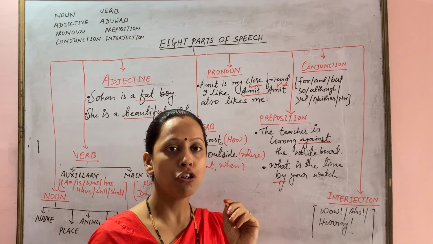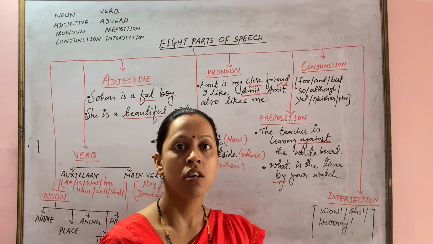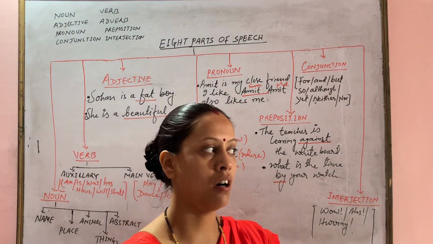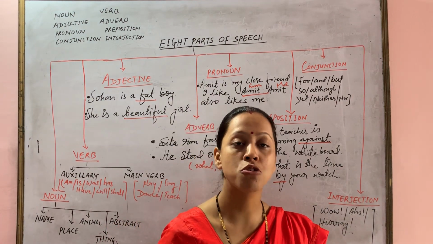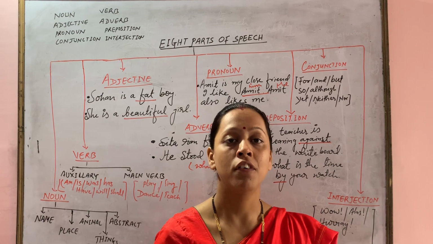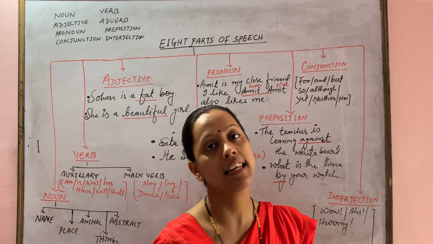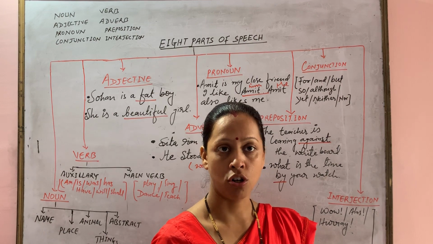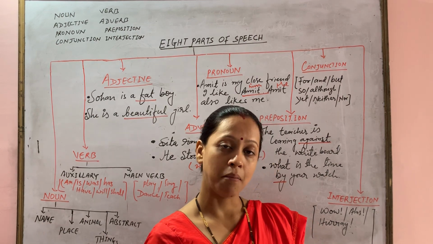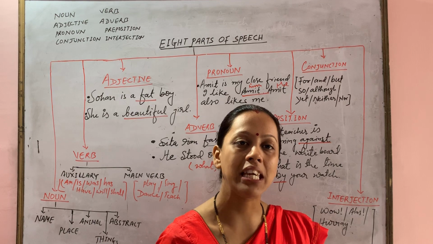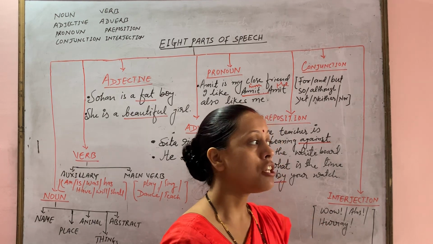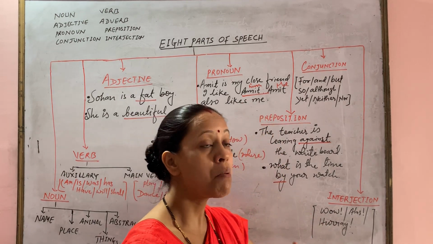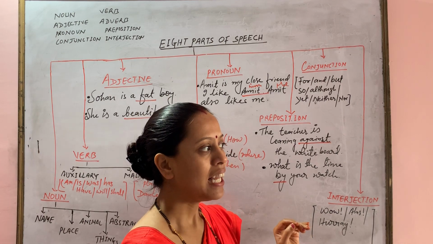But if you use a wrong preposition, the whole of your expression goes wrong and it does not give a good impression as an English learner. So in order to develop your preposition or your English speaking ability, you need to brush up your prepositions.